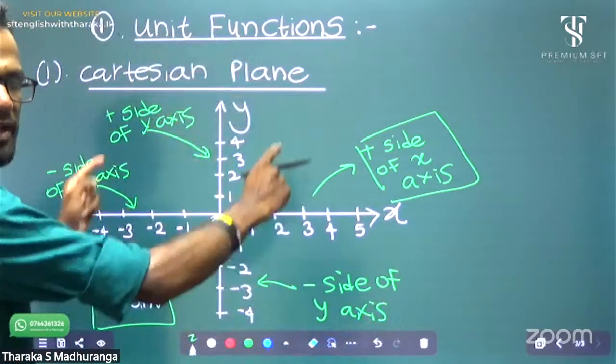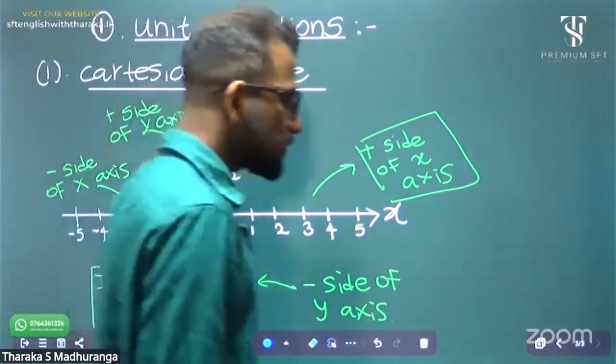Clearly draw this Cartesian plane and name these parts of the Cartesian plane.